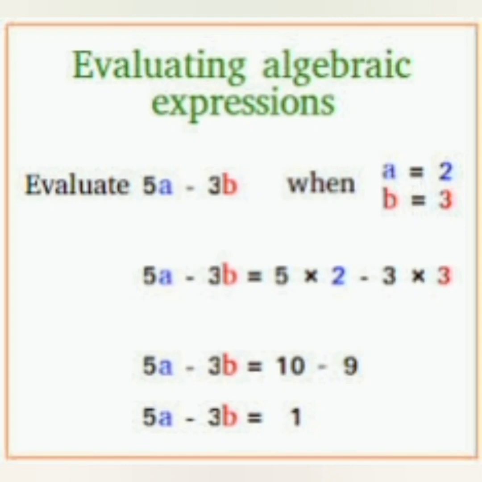So when you subtract, you have 1. So the answer to this algebraic expression is 1. I hope that's clear. We also refer to this type of evaluation as algebraic substitution. This means substituting the numbers for the letters. And when you do that, you get your answer.